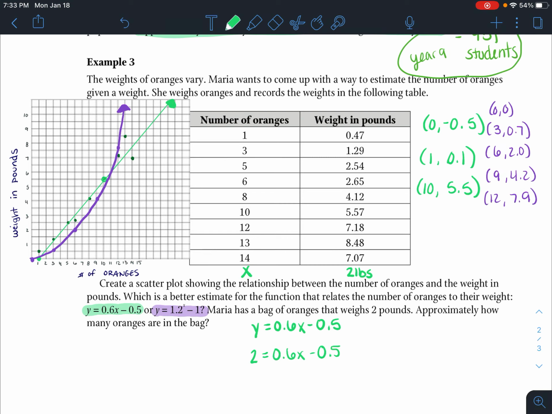If I add 0.5 to both sides and then divide both sides by 0.6, I'm going to get x equals 4.2, which in words tells us that approximately a 2-pound bag of oranges has 4 oranges inside.